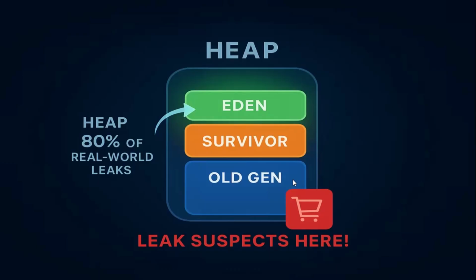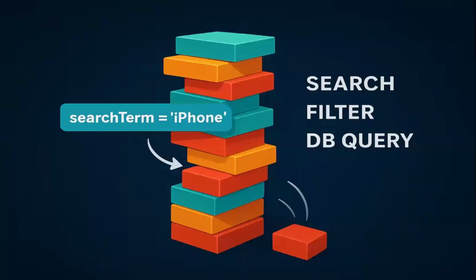Old generation is where leaks typically show up, because objects keep surviving and never get collected. So, if a cart object remains referenced after checkout, it will end up in old generation, slowly filling up the memory. Let's talk about the stack.